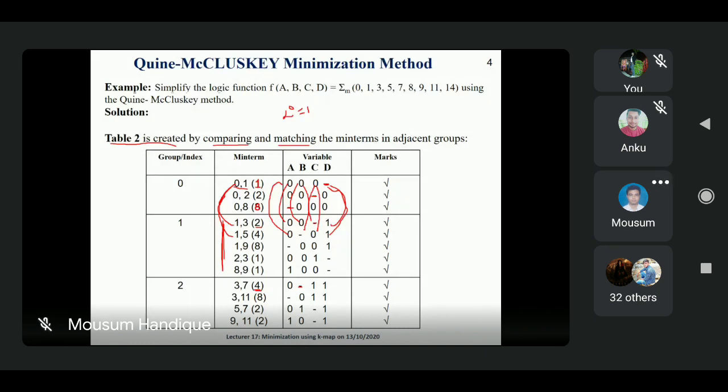Okay. But if we are considering 0, 1, 2, 3, is it possible? See here, this one is 0. Yes, okay. This one is 0. This one is yes. Here we are getting only one difference. And this one, dash, is also same.